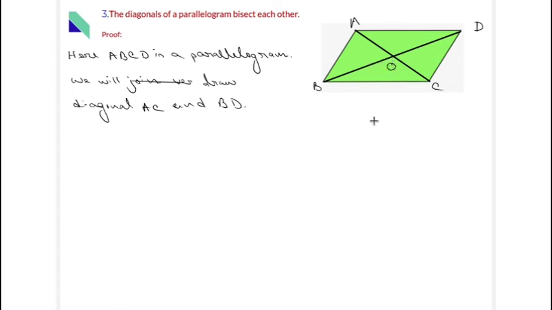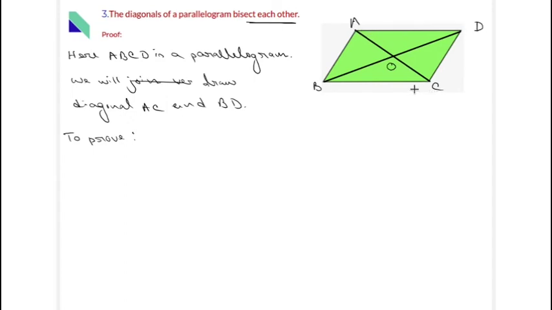Okay, now what do we have to prove? We have to prove that they bisect each other. Bisect each other means what? If BD has bisected AC, that means BD has divided AC into 2 equal parts.